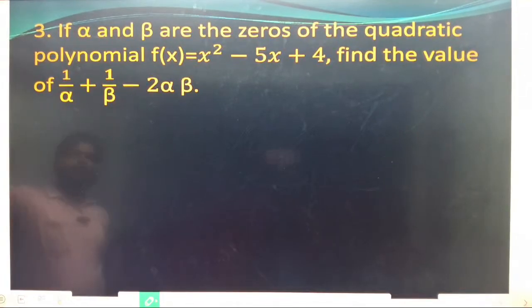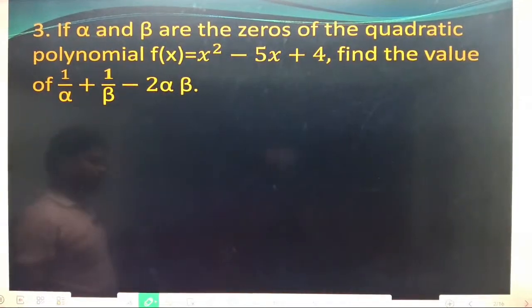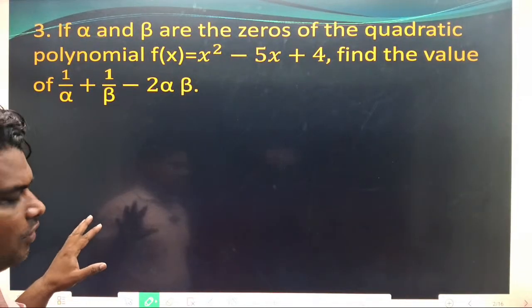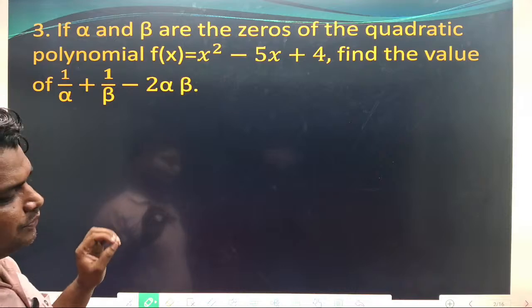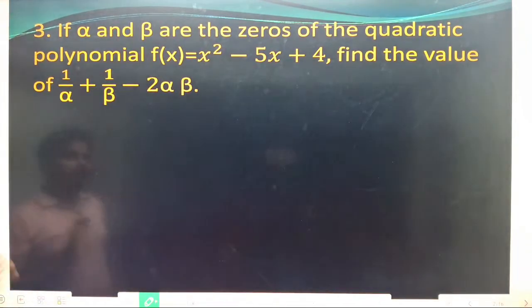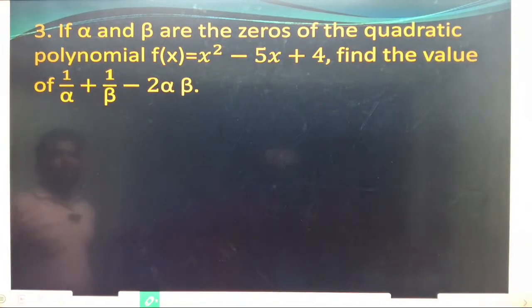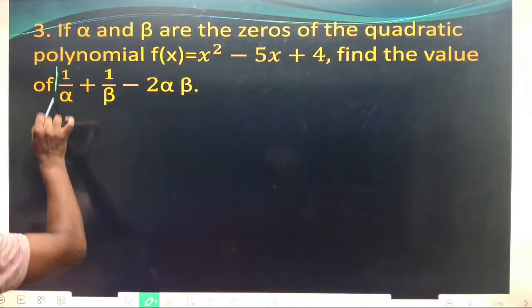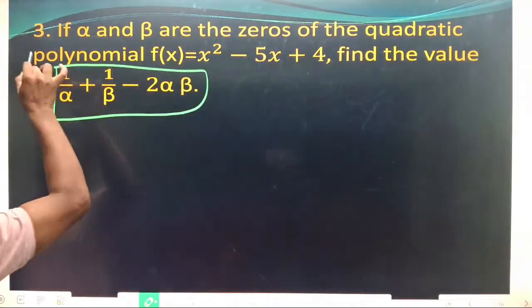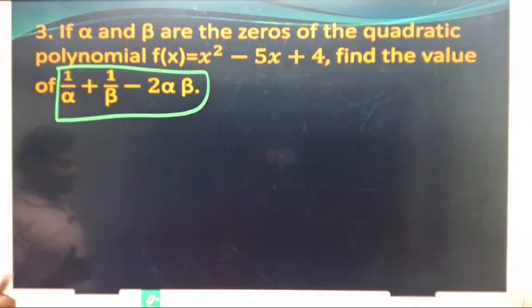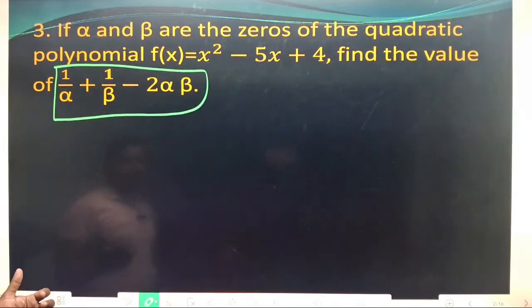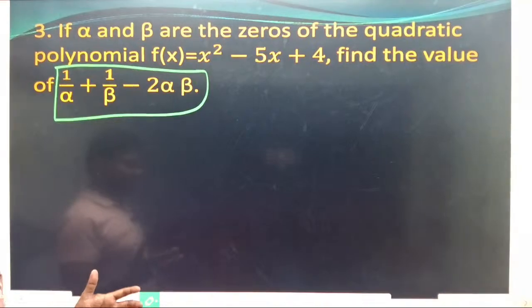See here, in these questions, first you find the sum of zeros and product of zeros. Then solve it. This type of question, if alpha and beta are the zeros, find 1 upon alpha plus 1 upon beta minus 2 alpha beta.